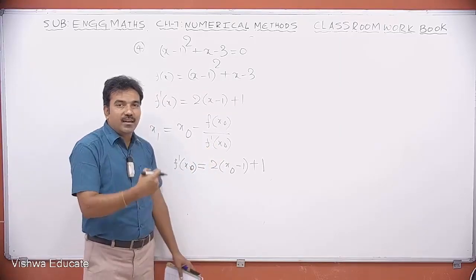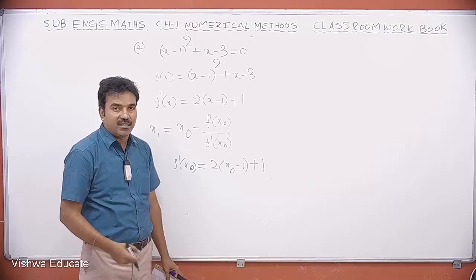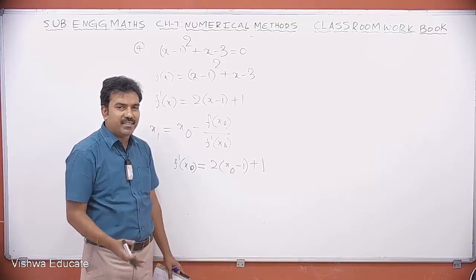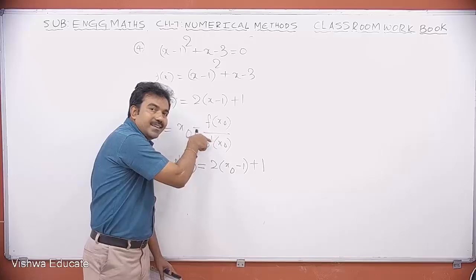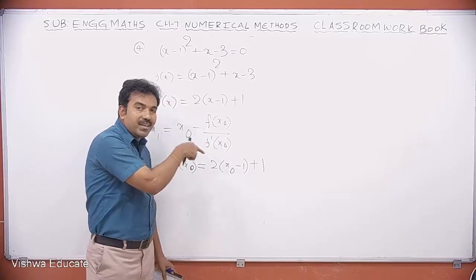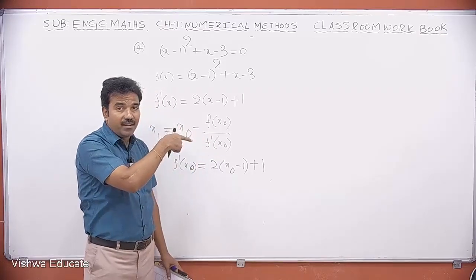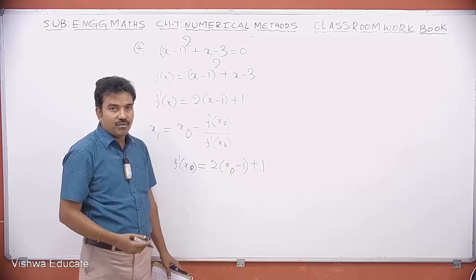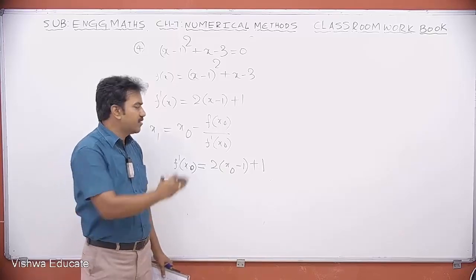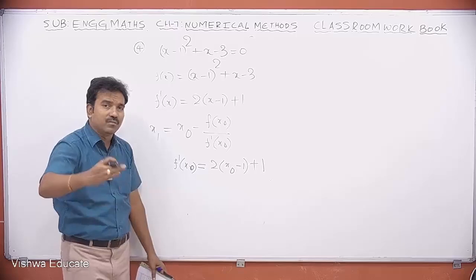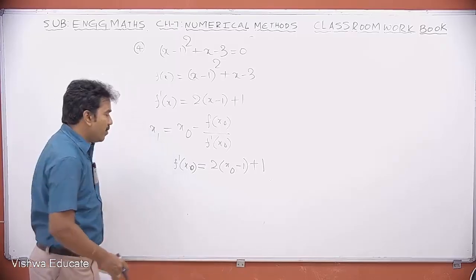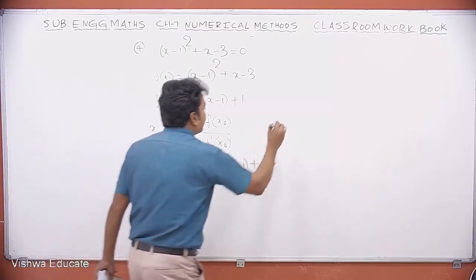When you have 0 in the denominator part, it is an undefined quantity. In case of first order derivative, if it becomes 0, then the method will fail to get the convergence. Forget about convergence, first of all, you don't get the value of x1. Therefore, you cannot move to next iterative values.